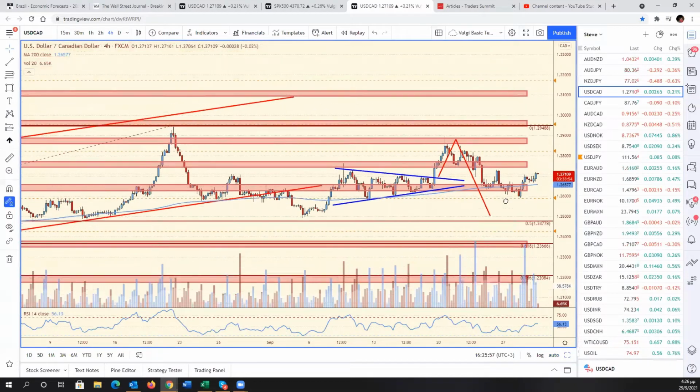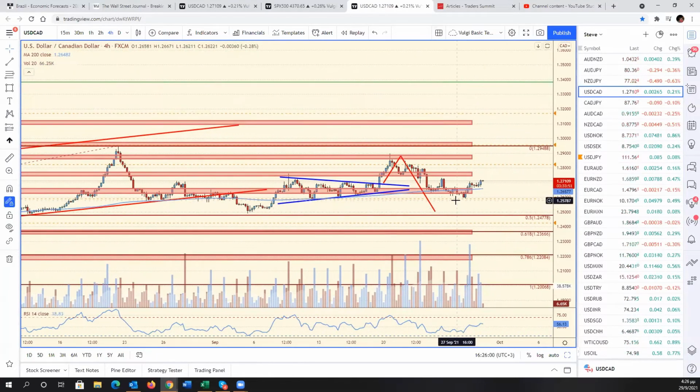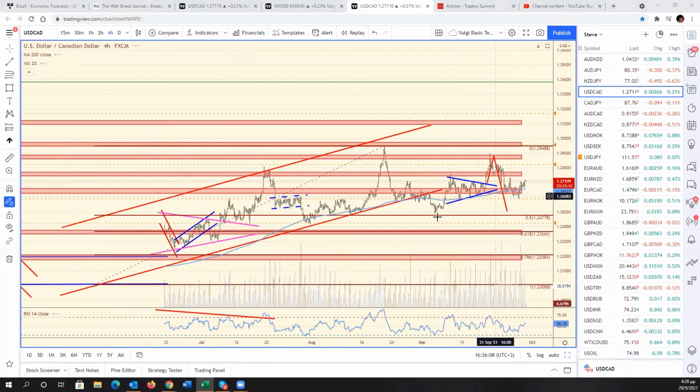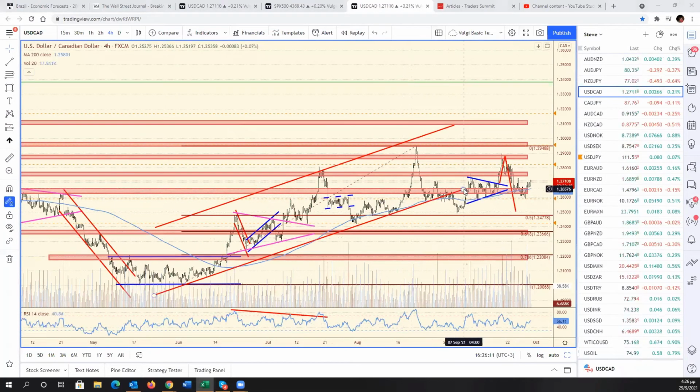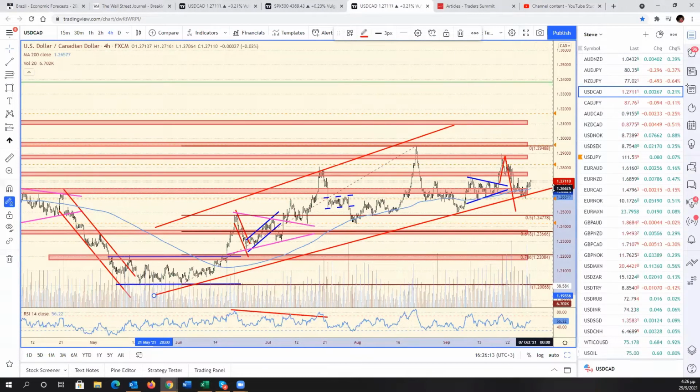Let's go to the 4-hour chart so we can look at it more closely. Right, 126 being support, 125.90 to be exact. And next resistance, let me redraw this, by the way.